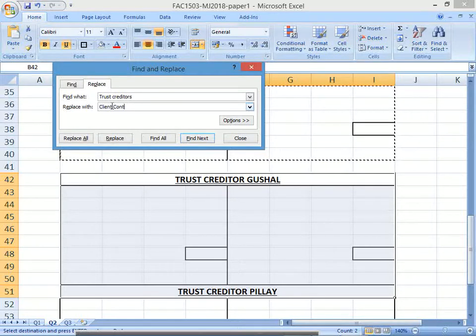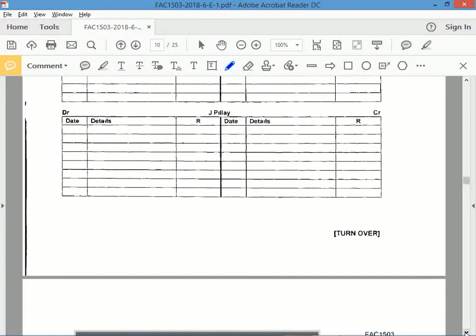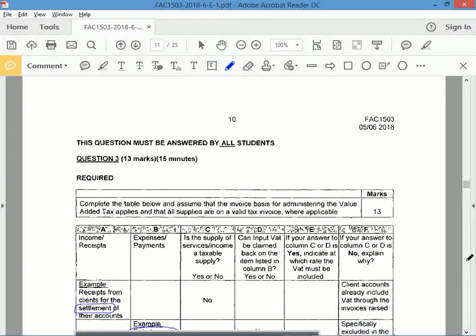Yeah, let's just leave it as client control accounts. What do we have here? That's it. Great.